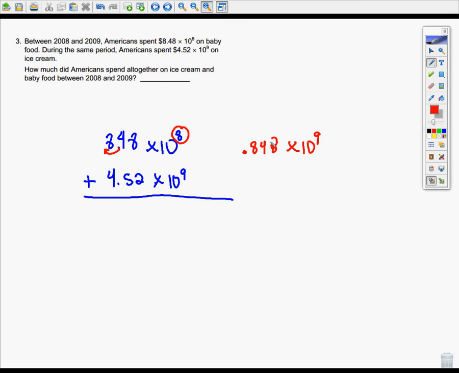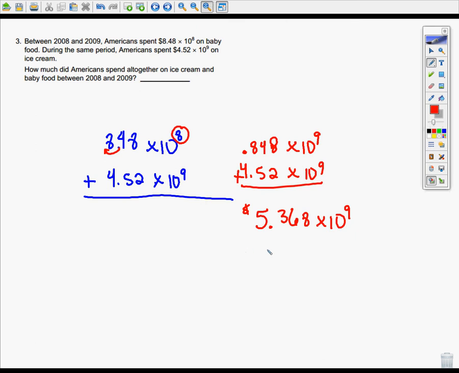So 0.848 plus 4.52, and these are both times 10 to the 9th. So I'll add the first factors, 0.848 plus 4.52, and I get 5.368 times 10 to the 9th.